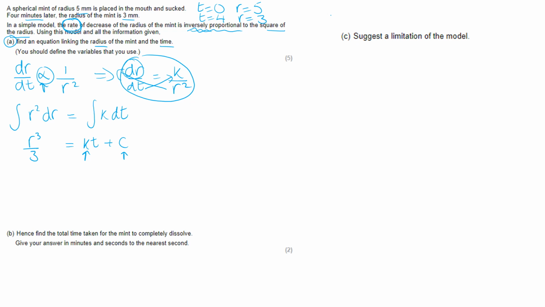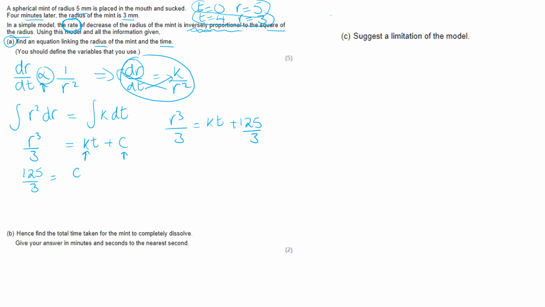So using the first bit of information, when t is equal to 0, we've got r is 5, so 125 over 3 is equal to, when t is 0, the k term there will go out and we'll just get c. So our equation will be r cubed over 3 is equal to kt plus the c, which we've now found is a constant, and then use the second bit of information.